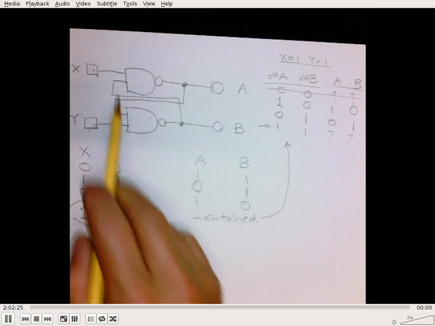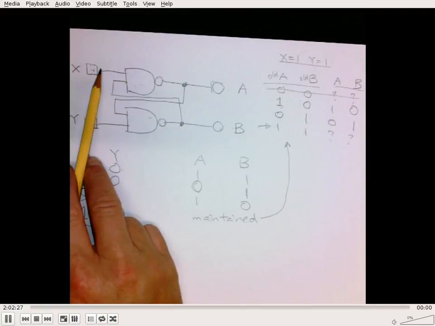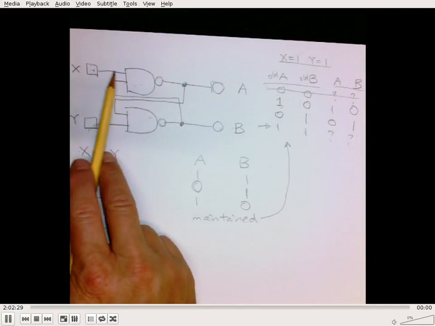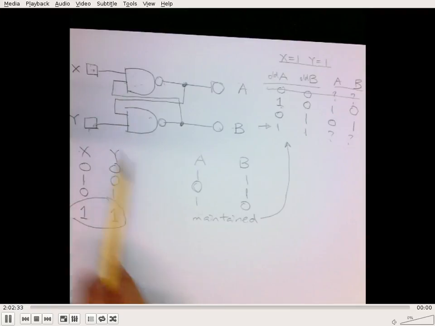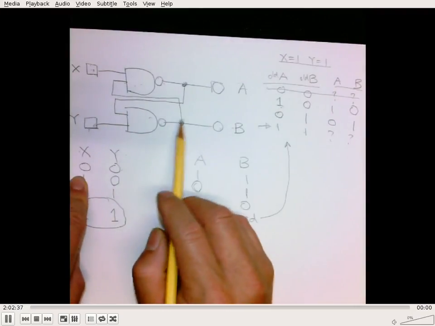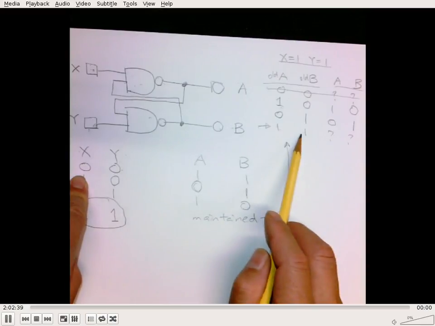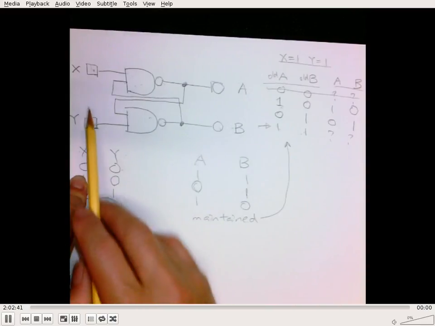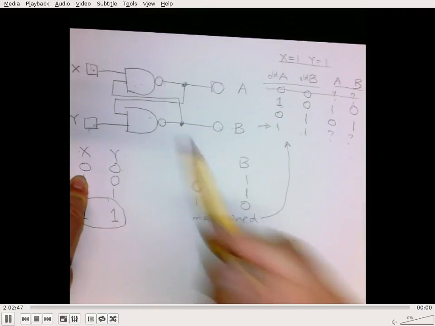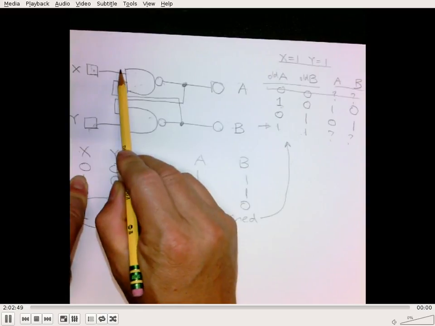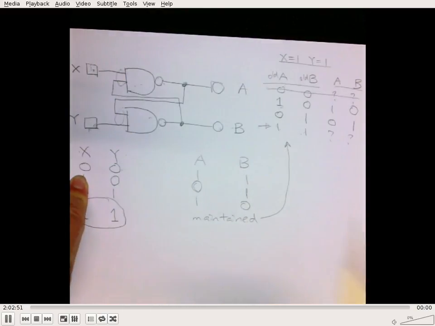So if it takes exactly the same amount of time to make the output change according to the input in both cases, let's try to figure out what's going to happen. They are both originally 1 and 1, and x and y become 1 and 1 as well at exactly the same moment. So that means that these two inputs are 1s, these two inputs are 1s as well, right?